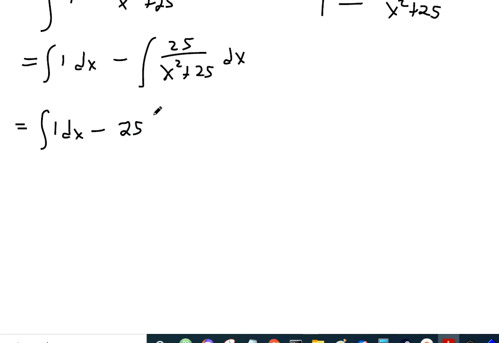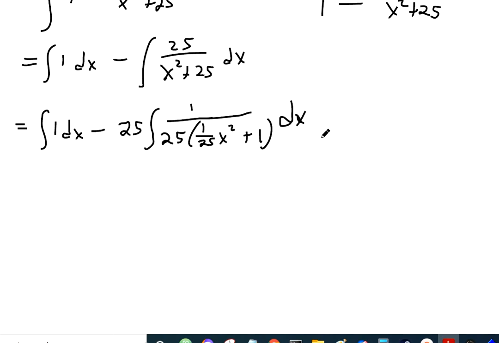We'll factor out the 25 that's in the numerator, and then the denominator needs to be x squared plus 1, or something squared plus 1. So I'm going to factor out a 25 from the denominator. That makes this 1 over 25 times x squared plus 1. So just a little bit of algebra there to make it look like our derivative of arctangent.